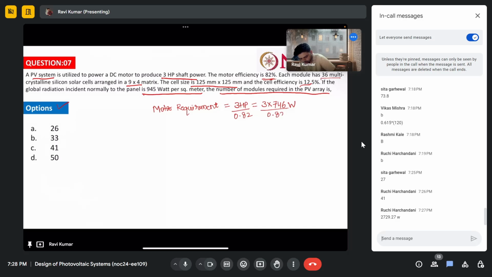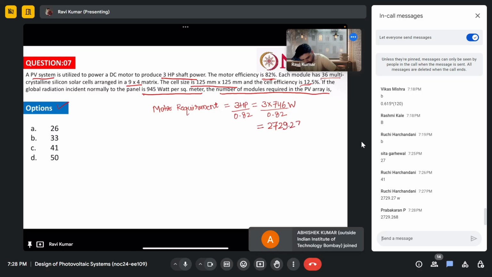This is the actual motor requirement. 2729.27, right? Yes, Prabhakaran, you are also right.